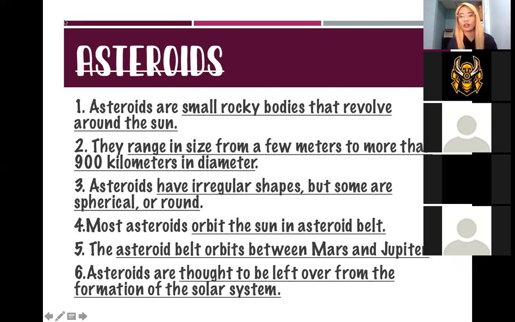Okay? So asteroids are believed to be leftovers from the formation of the solar system. A lot of scientists believe that during the Big Bang, there's a lot of asteroids in our solar system, and they eventually formed our planets. The reason why they believe this is because pareho yung mga materials that is found in asteroids and pareho yung mga materials that is found on our planet.